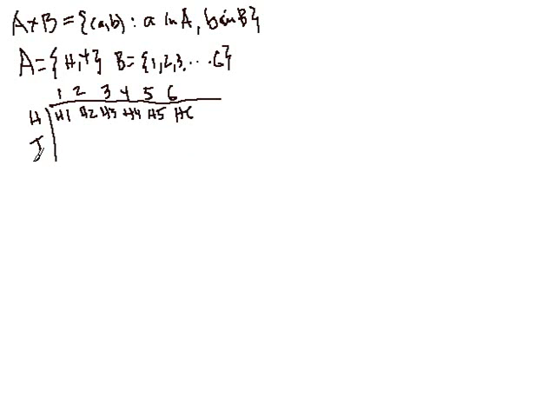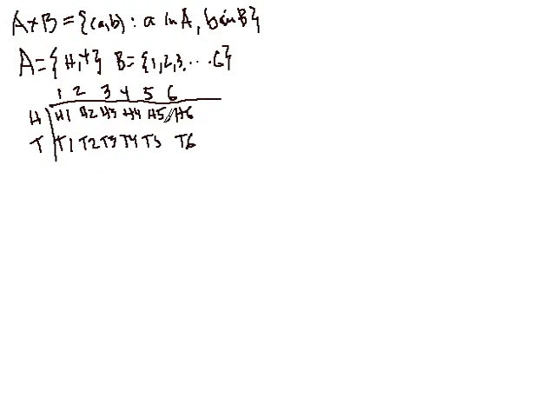And then the second element in the set A, the T, is also going to have to pair with each of the die results. So it'd be T1, T2, T3, T4, T5, and T6. Okay, so that will be the collection of all possible outcomes that we get when we take the product of these two sets.